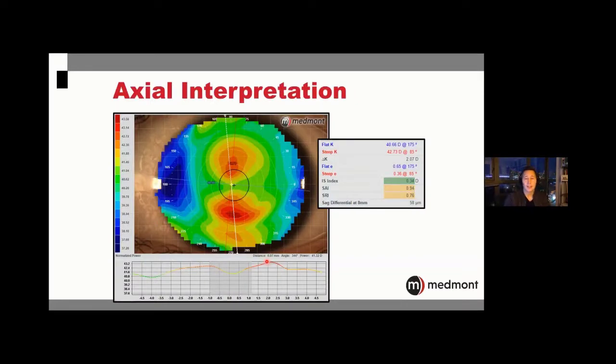Now let's take a case. And it's always fun to go through a particular patient file. And here's one where we've got the topography and how might we begin with the analysis. And of course, I think we're all so comfortable with K readings. We all want to kind of start there. And here we see an eye that has 2 diopters of corneal astigmatism. We look at the eccentricity.